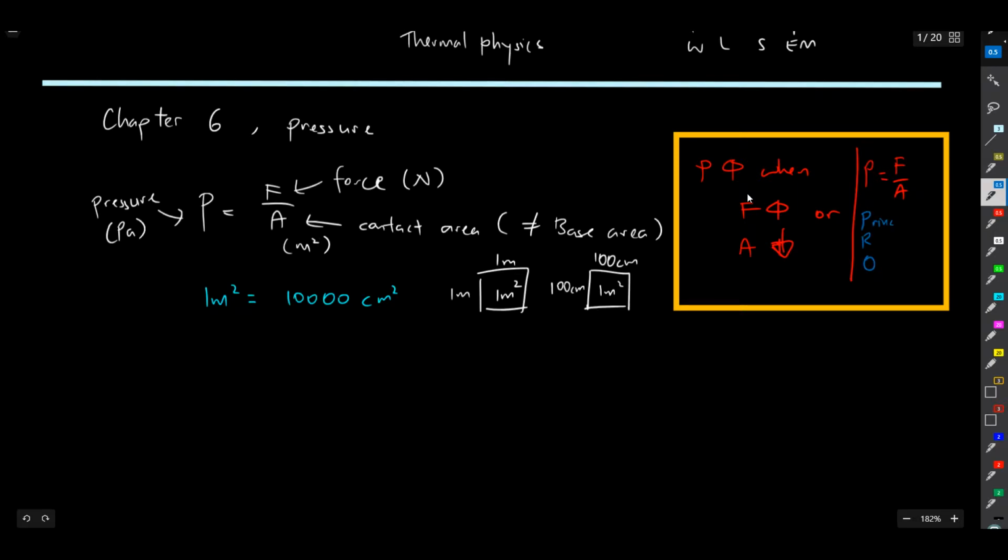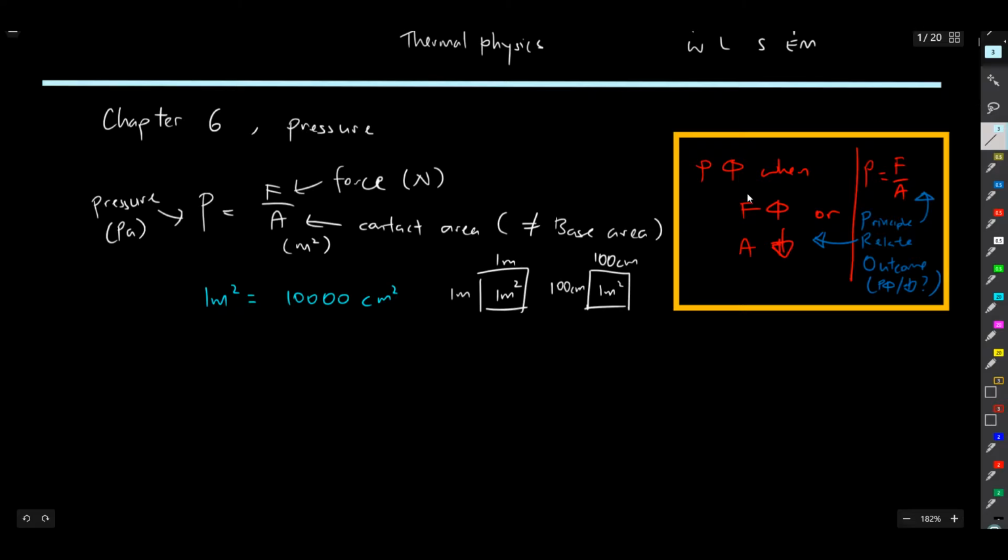The principle is always P equals F over A. Then you relate, using this, and then you give the outcome. Does the pressure increase or decrease? Right? So this is how you are going to explain certain questions.